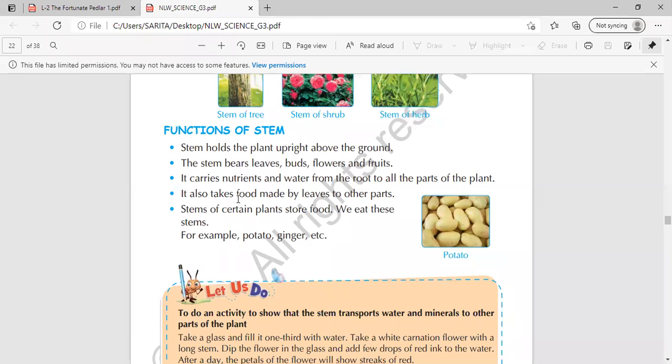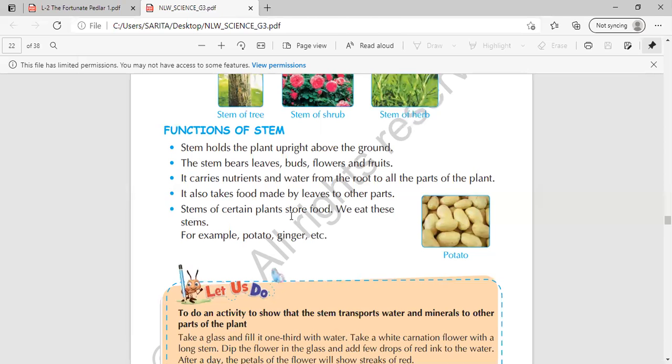It also takes food made by leaves to other parts. We are going to read that leaves make food for the plant, and the stem takes all the food made by leaves and sends it to other parts.